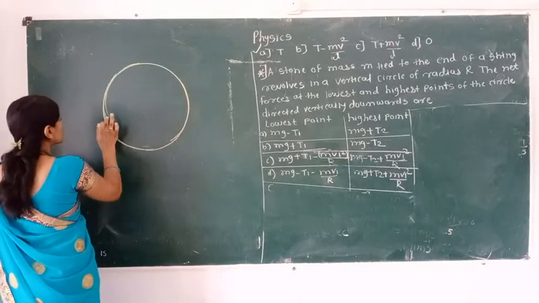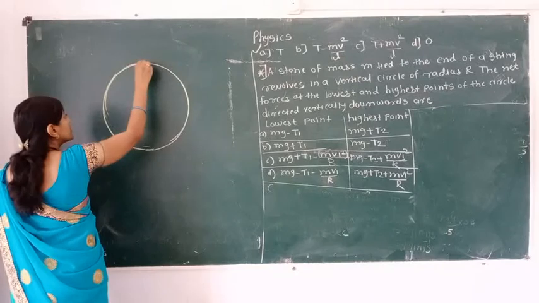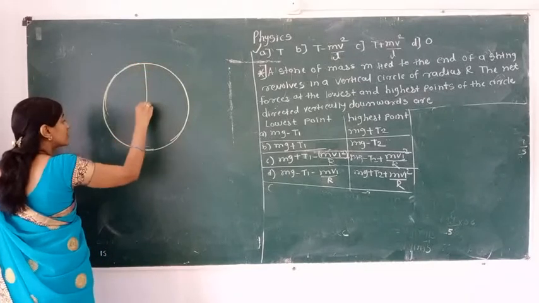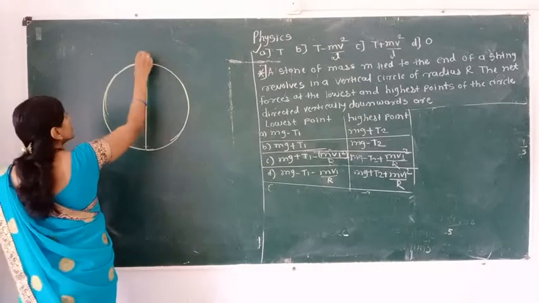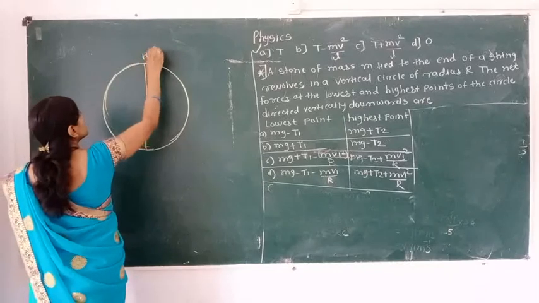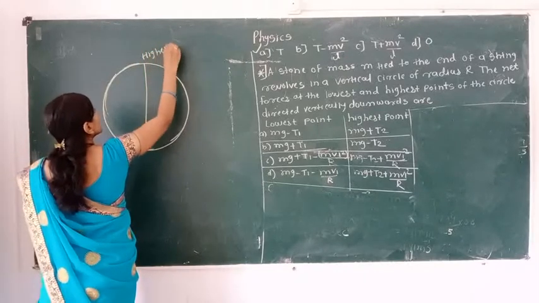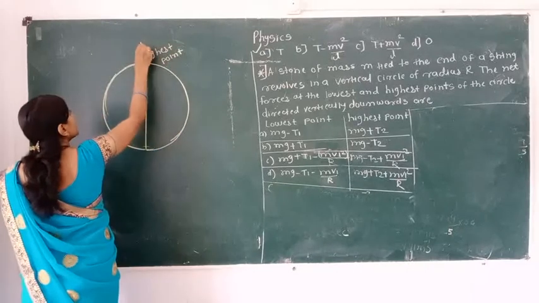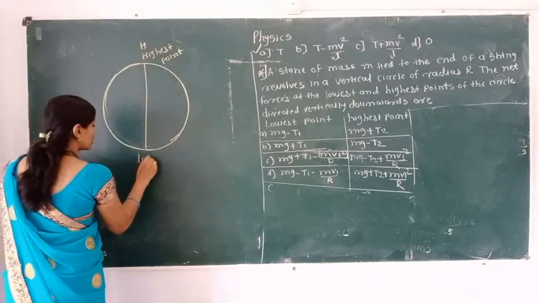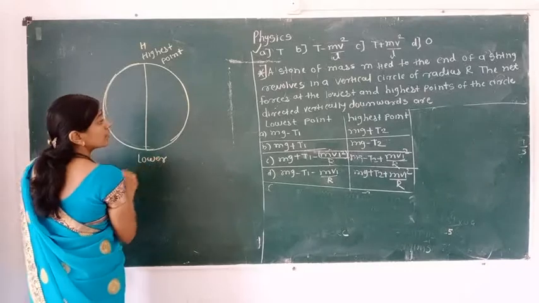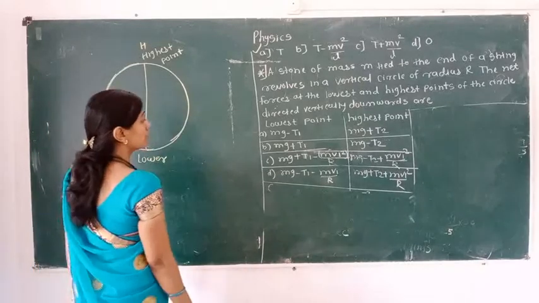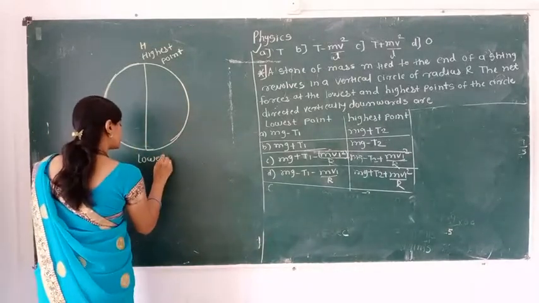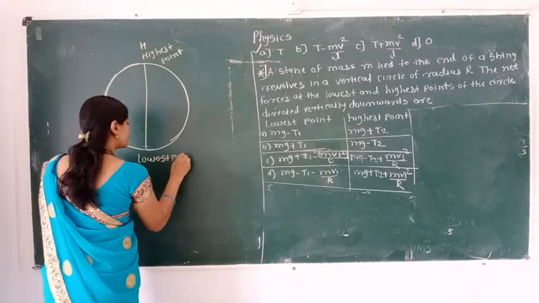In vertical circular motion, we know the tension and velocity are different at a different position. It is the highest position, otherwise we can say the highest point, whatever you will take it, H, and the lower point, lowest point, as per the given information.